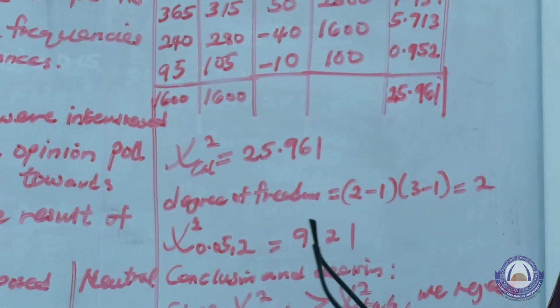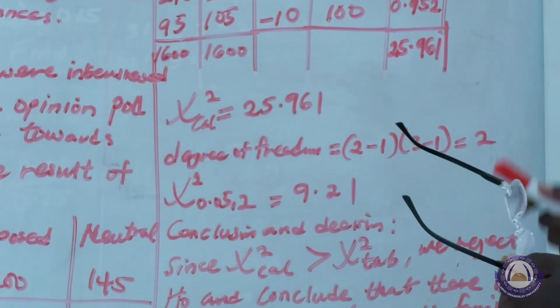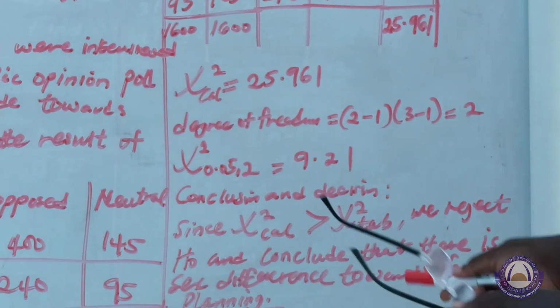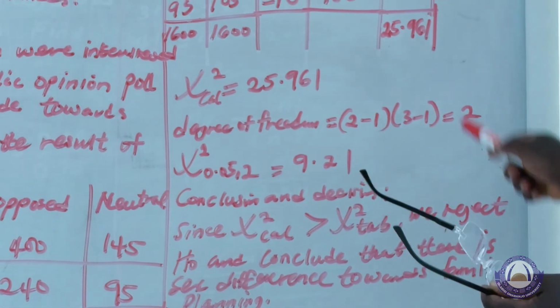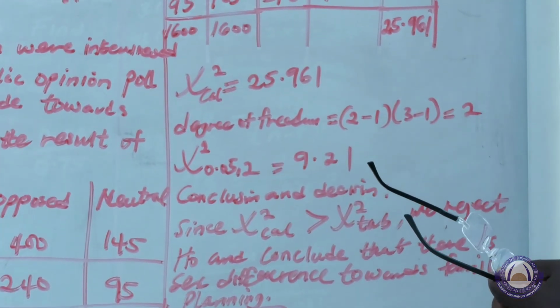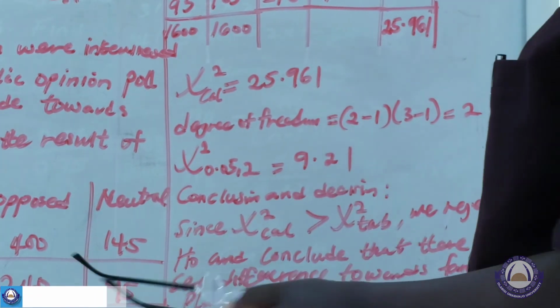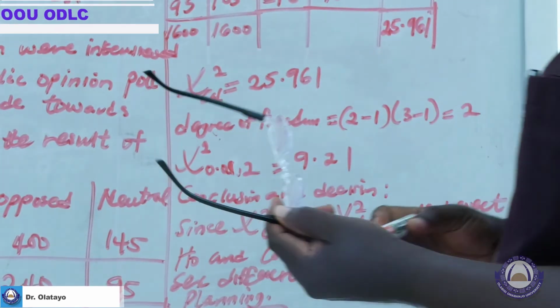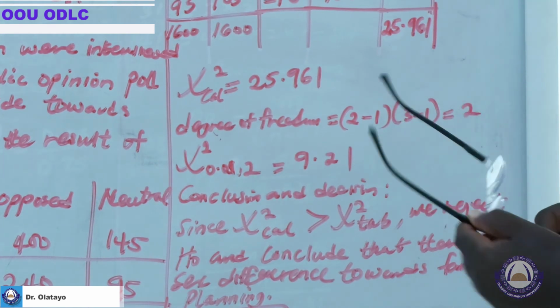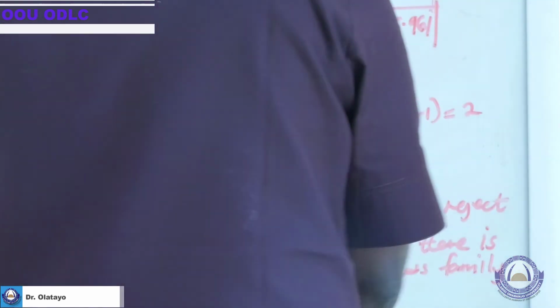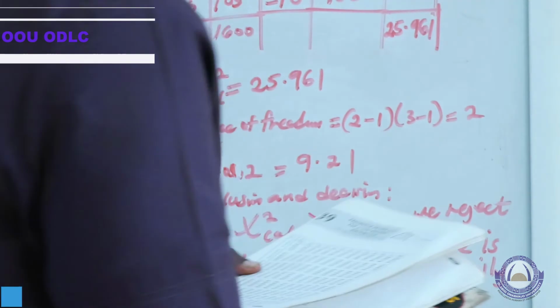The degree of freedom, since we have a 2 by 3 table, is 2 minus 1 times 3 minus 1. So the degree of freedom will be 2. Therefore, chi-square at 0.01 with 2 degrees of freedom. We go to our chi-square table to derive the value.